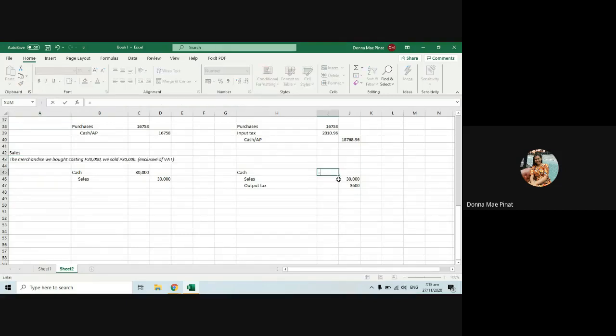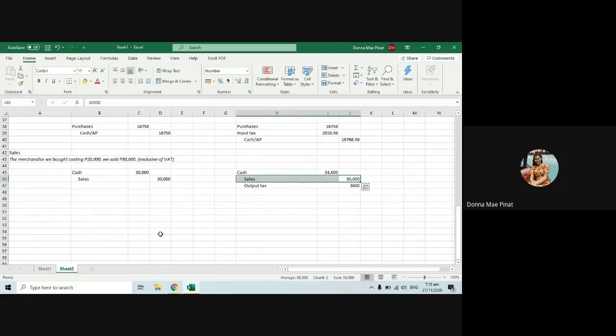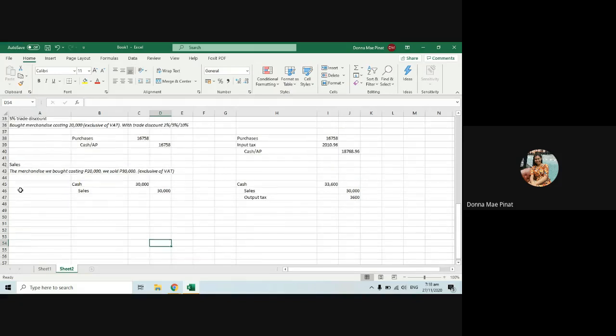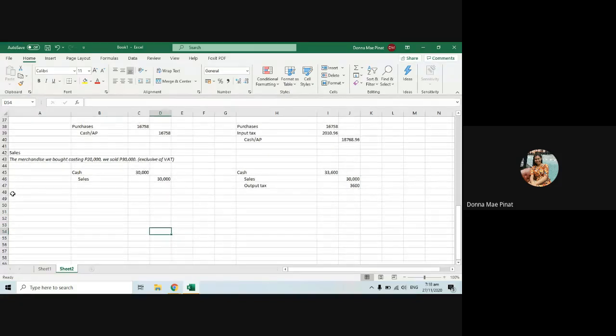So, imong cash nga madawat from your sales. But however, this 3,600 sa imong cash nga nadawat, it will not really form part of your sales. Tas kung accounts payable, syempre AP na siya diha.